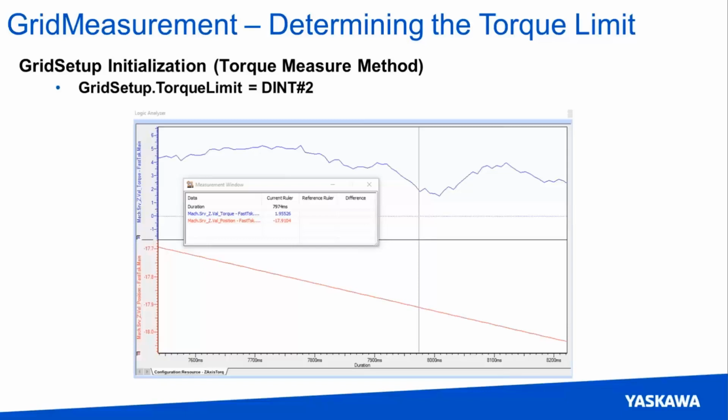In this logic analyzer, I'll mention that this machine was not zeroed yet, but it could still be done after grid measurement has been completed. That is because the grid results will normalize the data, but once it's actually being used in GridControl, then that's when your machine must have been zeroed at the correct location.